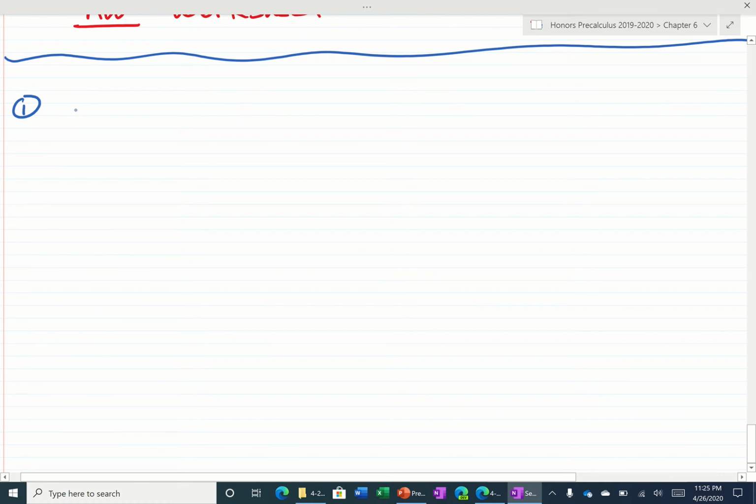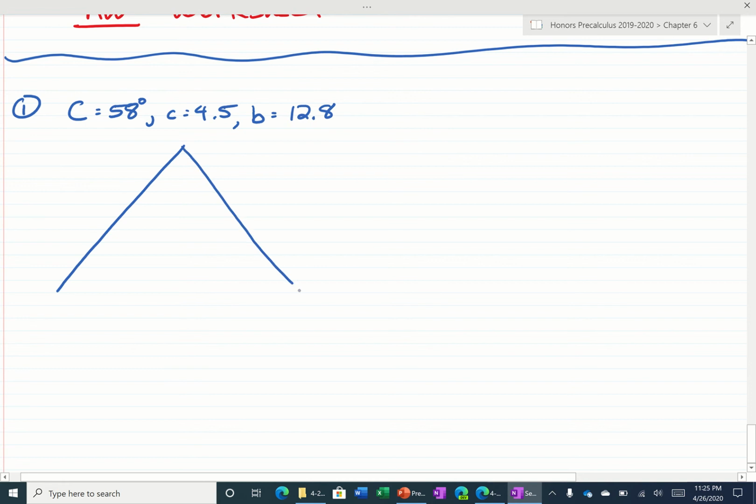First problem on the homework said angle C was 58 degrees, side C was 4.5, and then side B was 12.8. Alright, so we have an SSA. Let's set it up. The angle, side opposite it, and then the other side.